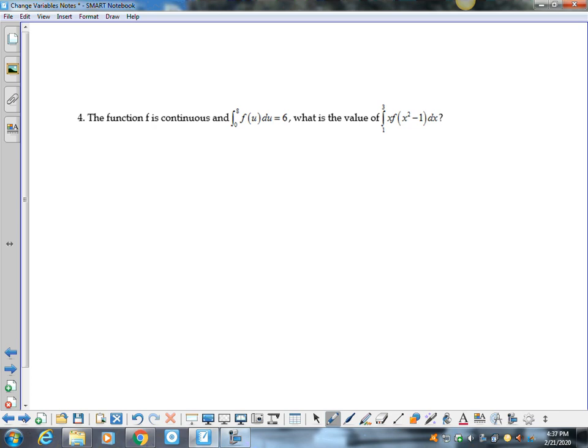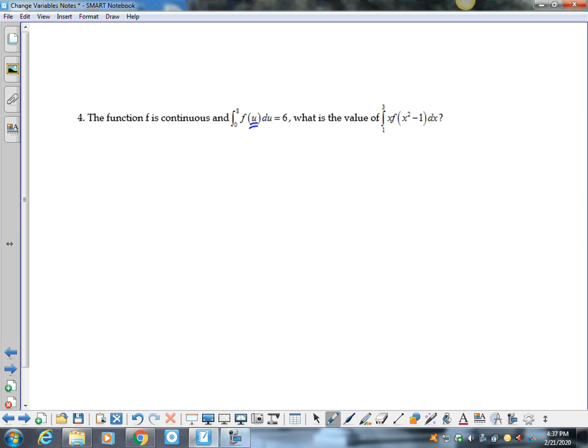Okay, number 4. It says if f is continuous and from 0 to 8 of f of u du is 6, what is the value from 1 to 3 of x f of x squared minus 1 dx? Okay.